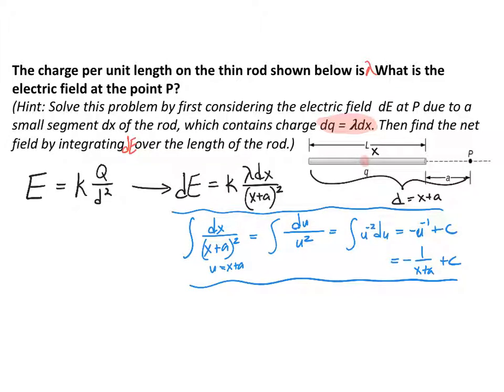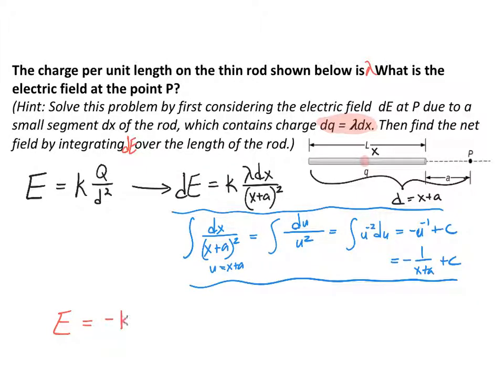So we know what's going to come out of the box. The result of my integral is going to be the constants yanked away, so k lambda, and then evaluated at that, this minus 1 over x plus a. So my electric field, I can just go straight at it here.